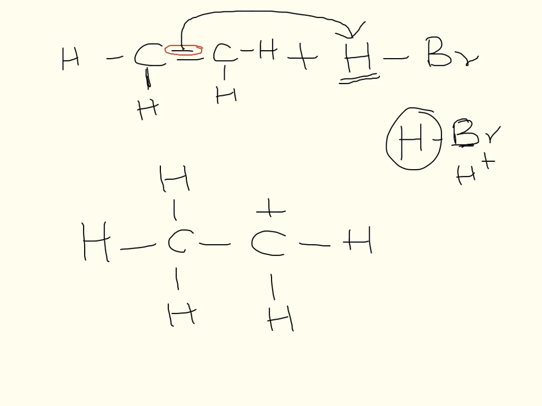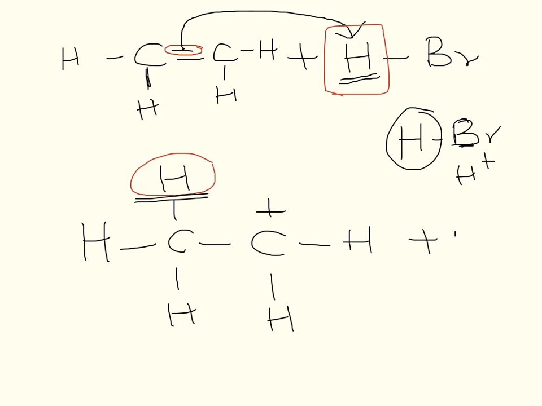That happened because the electron pair from the double bond reacted with the H plus. So this H plus is this one right here, and the H plus moved into this compound right here.